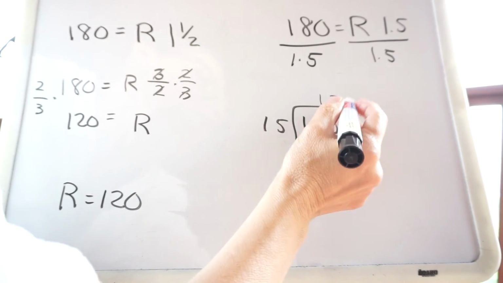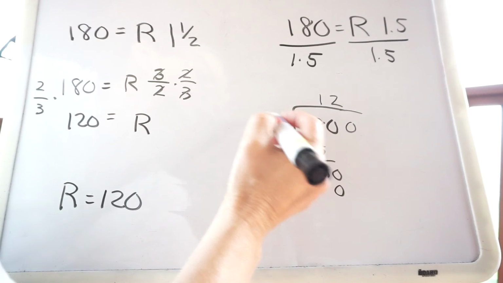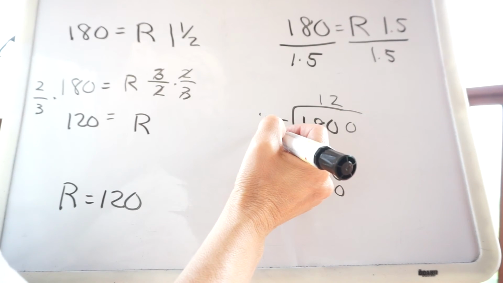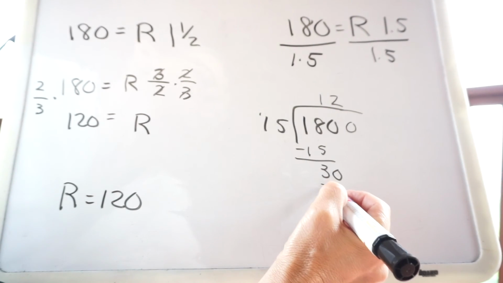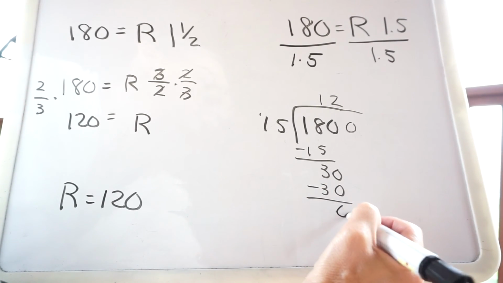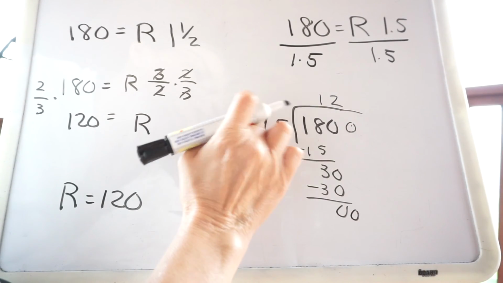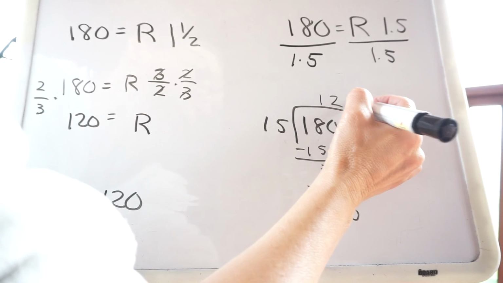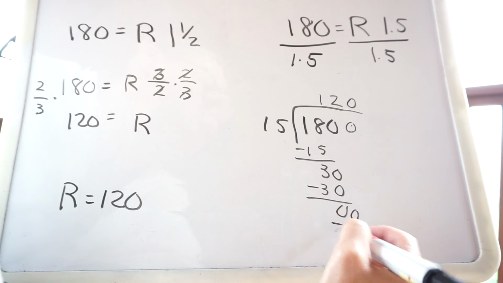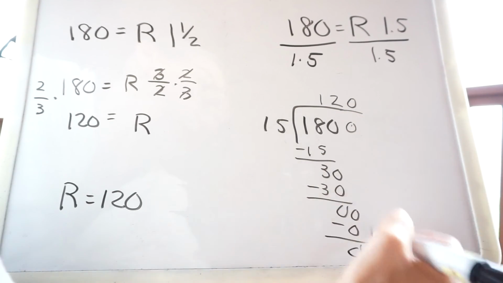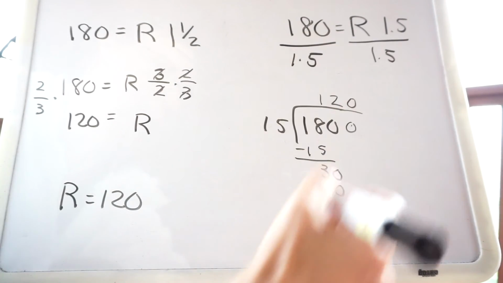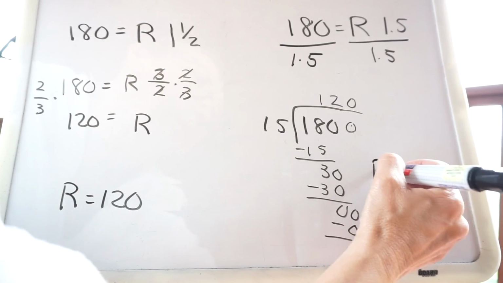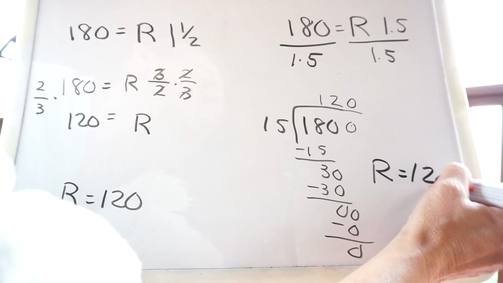We multiply. 2 times 5 is 10. 2 times 1 is 2 plus 1, it's 30. We subtract, we bring down. 15 goes into 0, 0 times, we multiply, and now we're done because there's nothing left to bring down. So again, here, R is equal to 120.